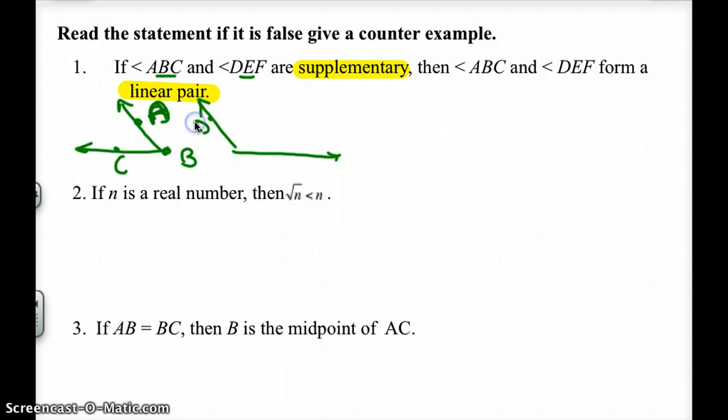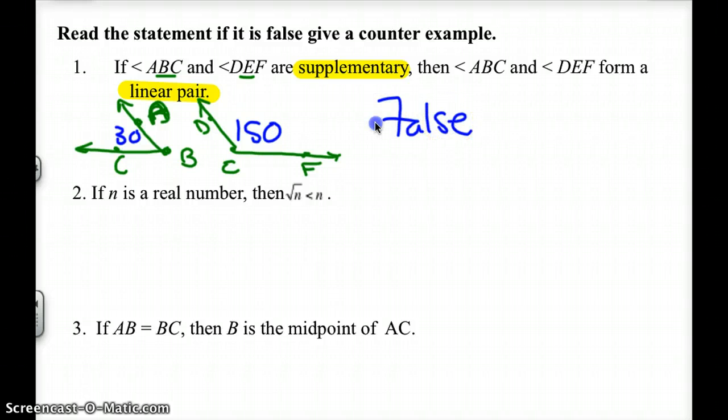And D, E, F. Now I need to be communicating that these two are supplementary, so I need to add some angle measurements here. I'm going to call that 30, and I'm going to call that 150. So this is false, and pictures are great counterexamples. So that picture right there is going to be my counterexample.